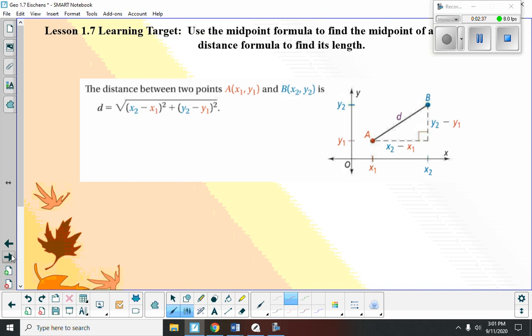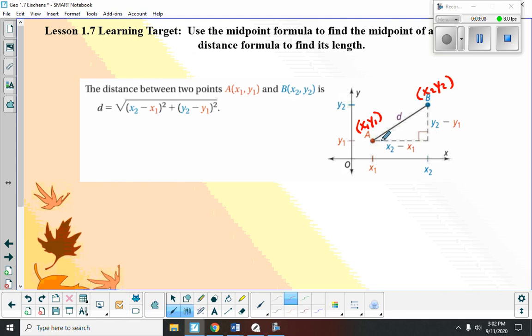It says the distance between 2 points, A, which is at x sub 1, y sub 1, and B, at x sub 2, y sub 2. Let me write those coordinates in. Okay, so to find the length here, what we are basically going to do is measure from here to here.